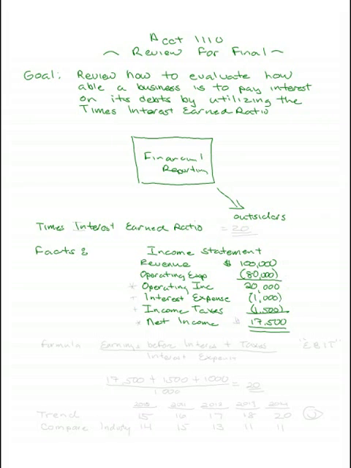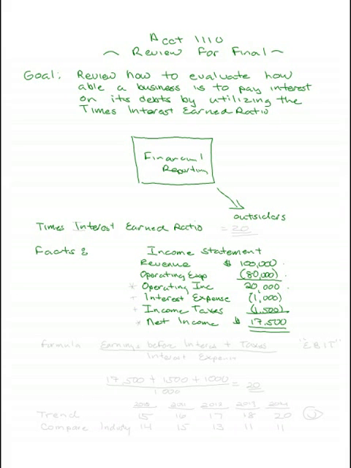I'd like to use a whole income statement in our facts because problems can give you information either by giving you an income statement or by giving you just little pieces of information. I want you to be able to pick it up no matter what. So we have a business that has revenue of $100,000, operating expenses are $80,000, operating income is $20,000.